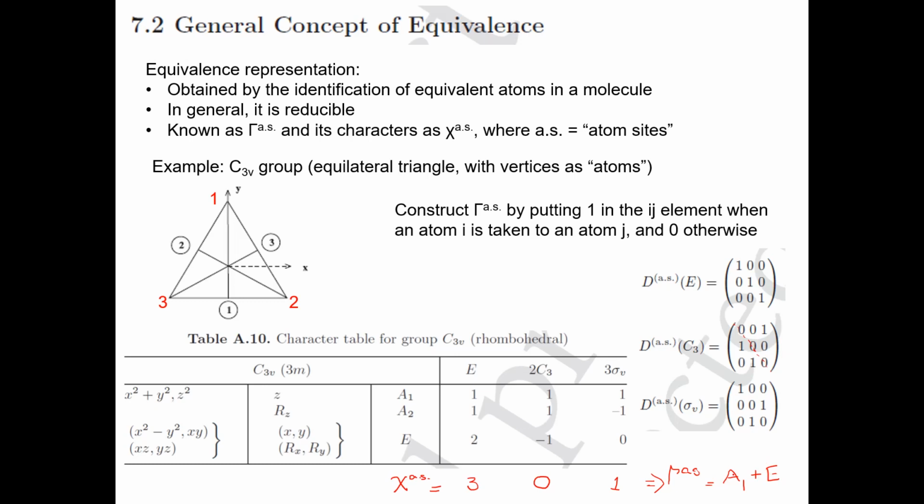You just have to sum the characters. All right, so we have learned how to construct the equivalence representation, it's reducible, and we already knew how to reduce it to irreducible representations of the group.